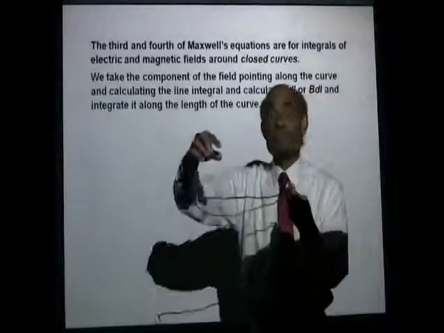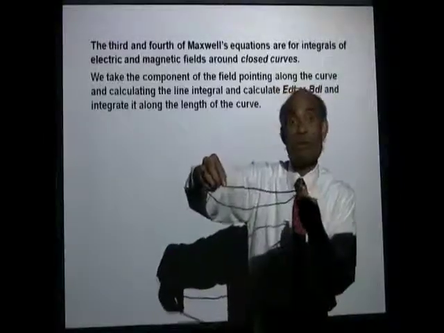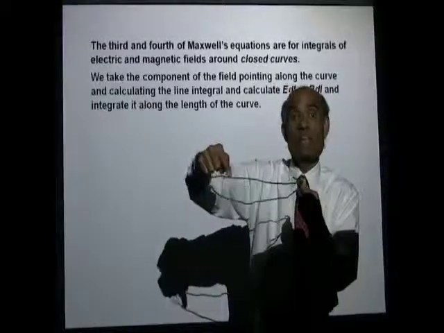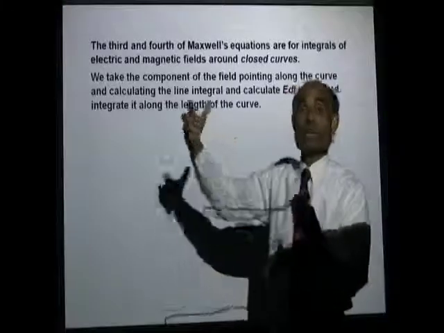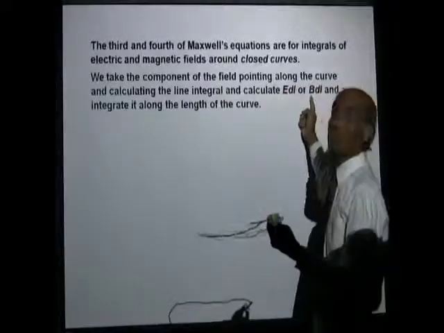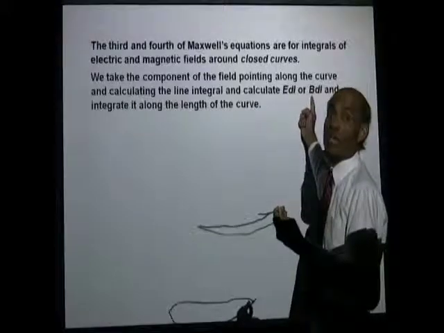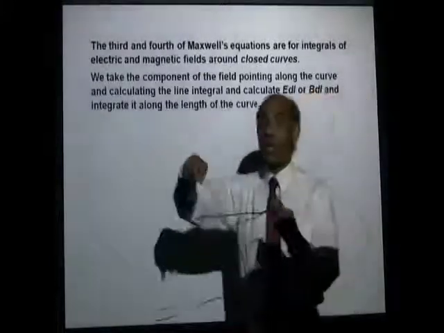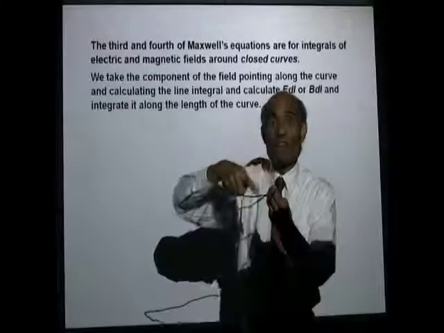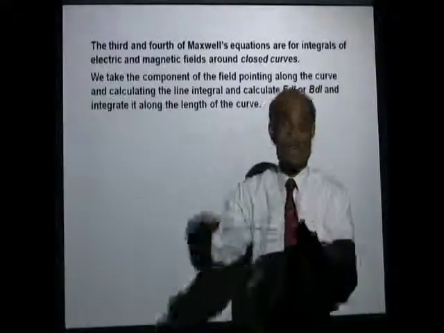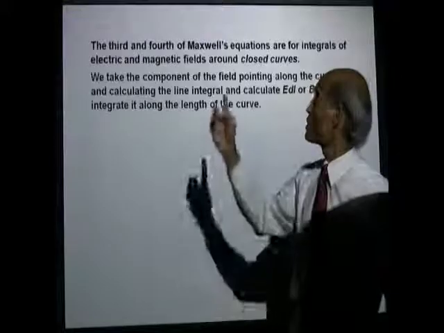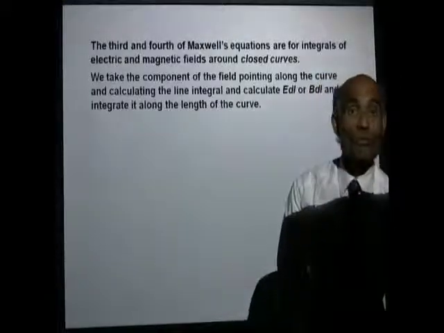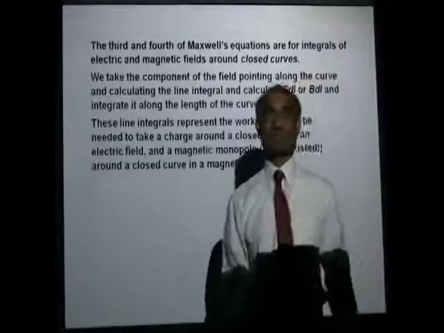In the case of the electric field, we take the component of the electric field along the dL. In the case of the magnetic field, we have the magnetic field along dL. So we have E dot dL or B dot dL and integrate it along the curve, and that is the quantity we will be using to describe the third and fourth of Maxwell's equations.